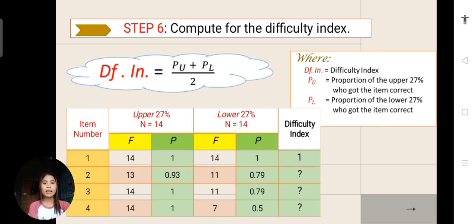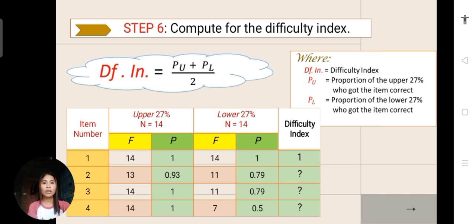In this table, based on the previous slides where we solved the frequencies and proportions of the upper and lower 27% scorers, in item 1, we have a proportion of 1 in the upper and lower 27% scorers. What we need to do is to substitute all the given proportion values into the formula.